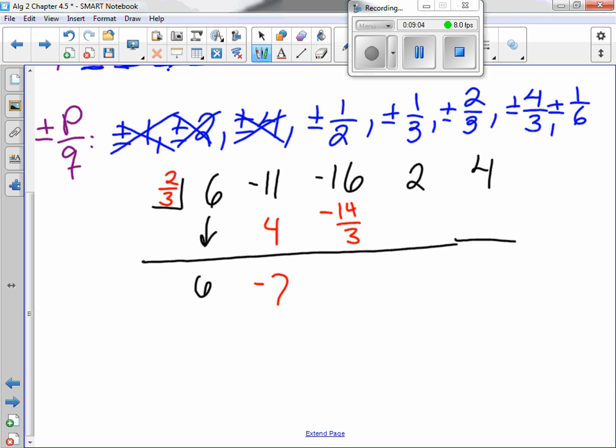And then we could add it to negative 16, and then we can multiply that by 2/3, and we would get negative 124 over 9.